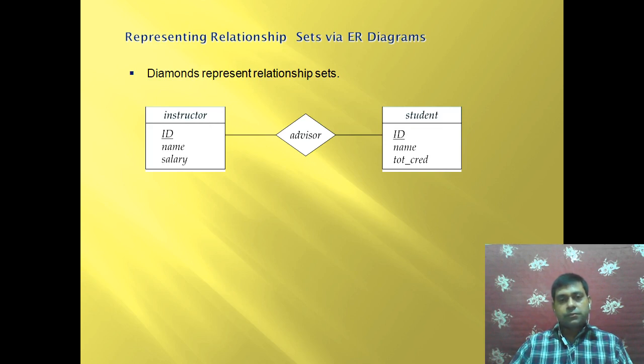Here one thing we should mention, that the relationship name is not a noun, it is basically always a verb, so it should be advises. So it will be like this, and if the student is at the left side and instructor is at the right, then it would be advised by. So active voice and passive voice, we have to be very careful.